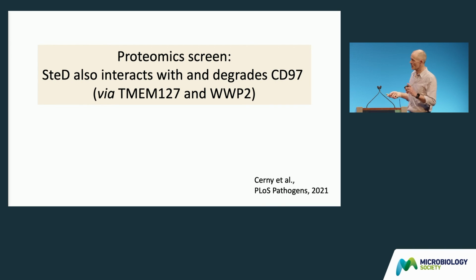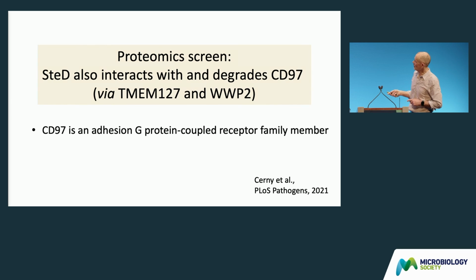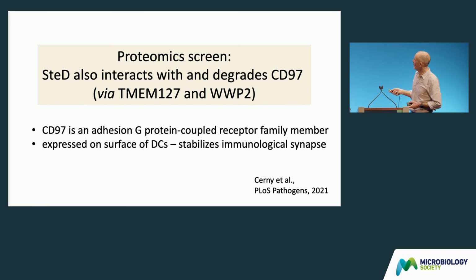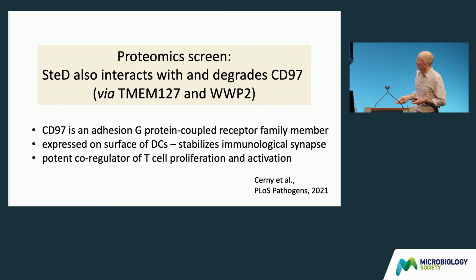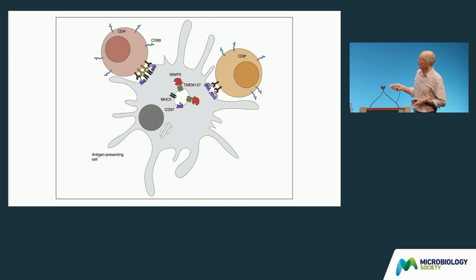Very finally, MHC2 is not the only target of STD. It has another target, which we found by proteomics, called CD97. We found that this protein is important for stabilizing the immunological synapse between antigen-presenting cells and T cells, as well as being a potent activator of T cells.